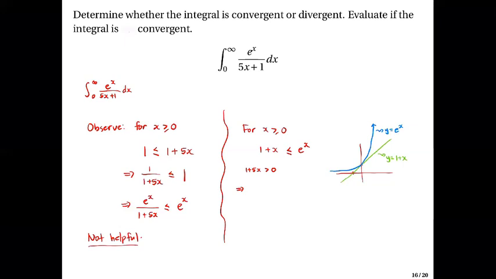You will have 1 plus x over 1 plus 5x, which will still be less than or equal to e to the x over 1 plus 5x. So now, all we need to do is to integrate this and show that this is divergent. If this is divergent, so is this guy.